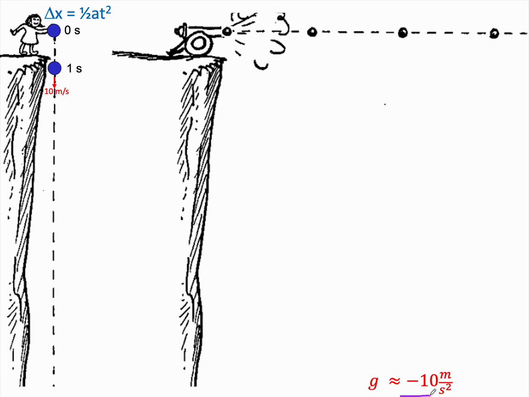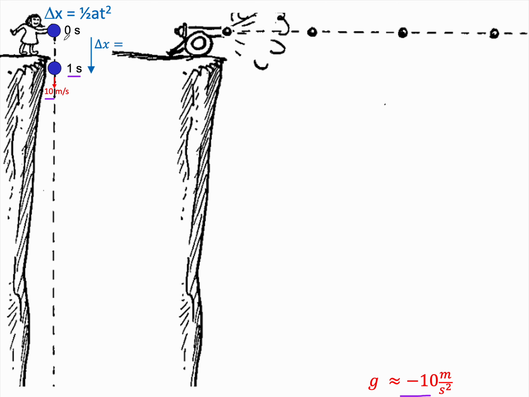Now the more difficult question. How far did it fall during that 1 second? You might say, oh, duh, it's 10 meters, because at the end here it's going 10 meters per second, and it did so for 1 second. Well, think about it this way. What was its average velocity during that time?